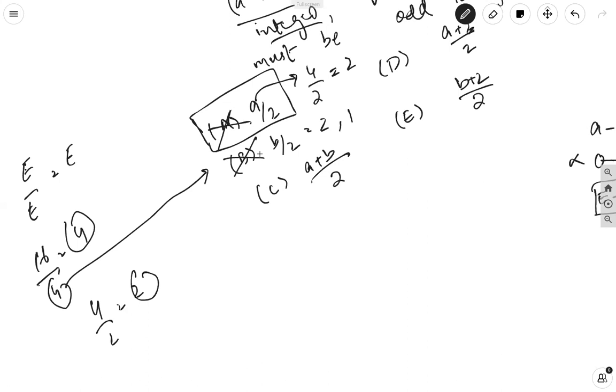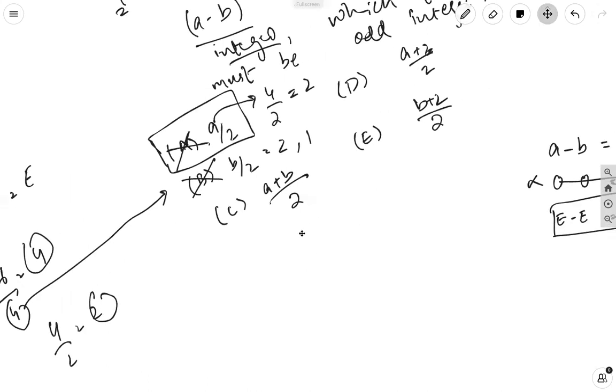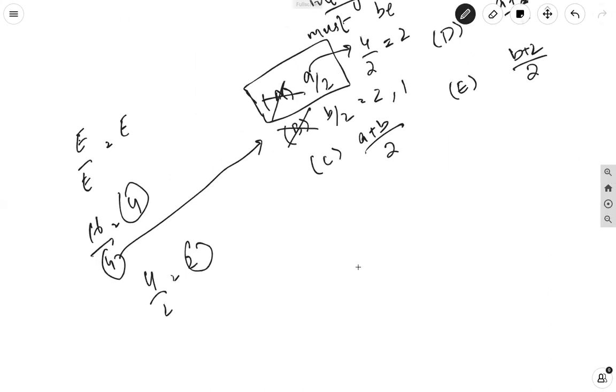The next one is C, A plus B over 2. Again, C could be even or odd. Let's see the cases. Of the two cases I discussed, if I take the first one, A is 4 and B is 2.